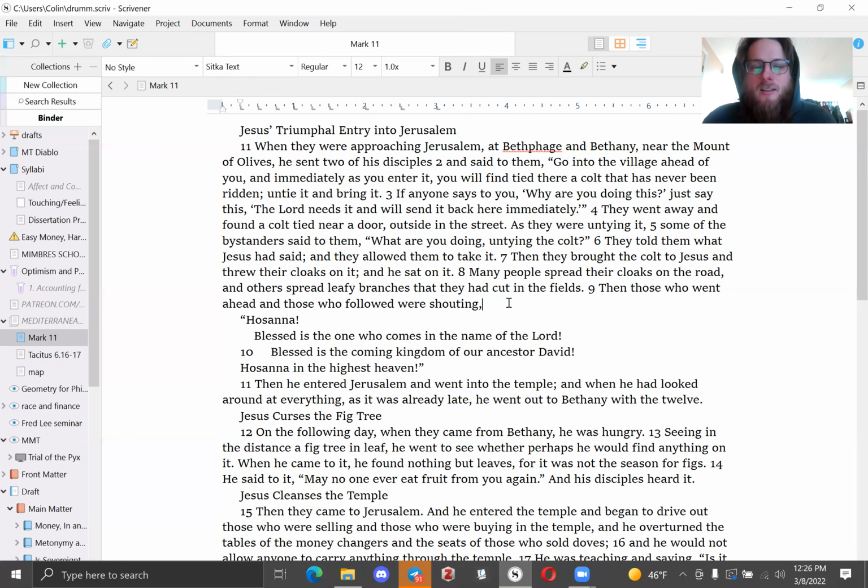So Jesus here is kind of engaging in a parody of these, but notice that there's no money involved, right? He's saying that the Lord will send it back here immediately. So one way of interpreting the point being made here is that Jesus is saying that it's not necessary to have money in order to mobilize resources that we have, the community of believers, if we believe in ourselves and we believe that what is taken will be returned.